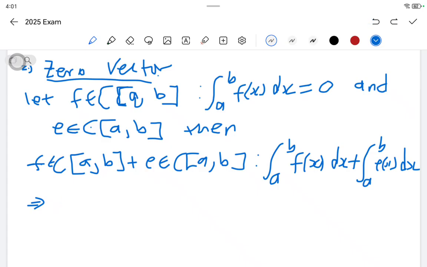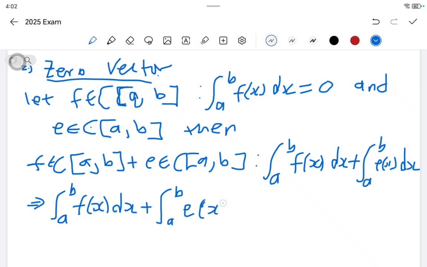And this implies that, now if you check this, the integral AB of f of x dx plus the integral AB of e of x dx must be equal to the first function, right, to show that this is a 0 vector.